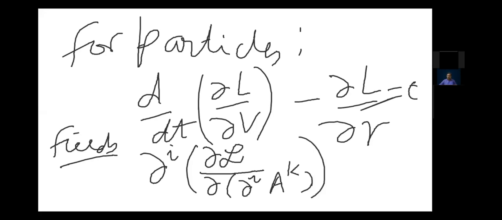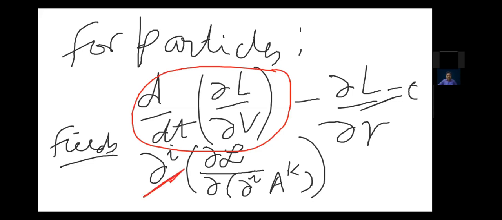So this entire thing can now be written like this. Look again: the first term outside, this d by dt operator, is now changing to del i.